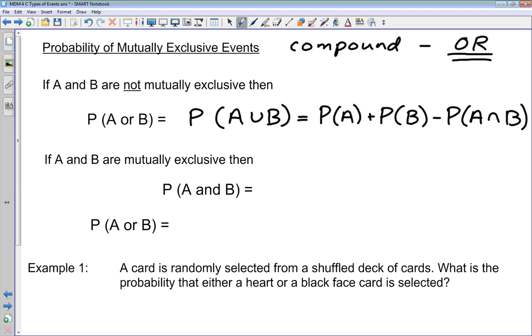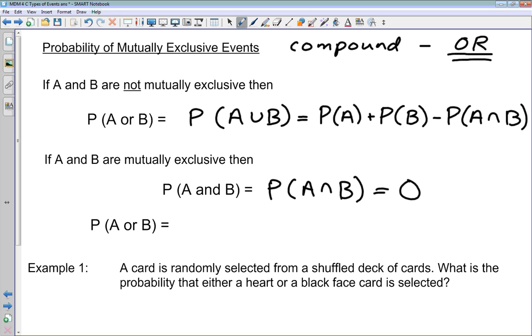Okay? If A and B are mutually exclusive, then we know that the probability of A and B, or the probability of the intersection of A and B, to write it another way, is going to be 0. Okay, because these events are mutually exclusive. They can't both occur at the same time. There's no elements that are in both of the sets.